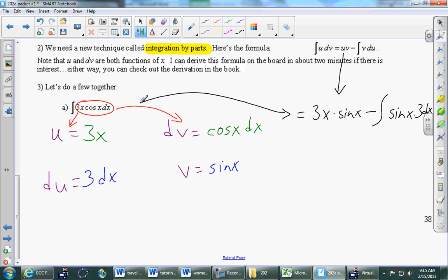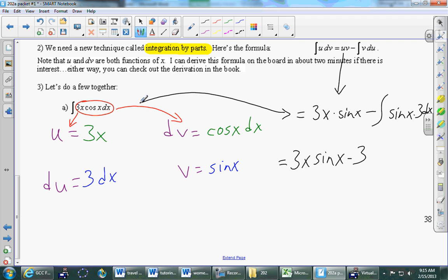Can we integrate sine of x times 3 dx? We can. That 3 can pop right outside, and then sine of x is one of the 8 things we can do. So we ended up with an integral that was better, one that we could handle. So I think we're ready for our final answer. Again, the 3 can go where? Outside the integral.